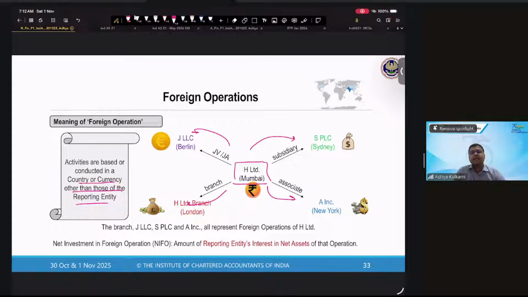But H Limited has to put money in all these places. Yes or no? Yes. So that money which H, the holding company, is going to put, it is an investment. Where has it invested? It has invested in a foreign operation. So this becomes an investment in a foreign operation.